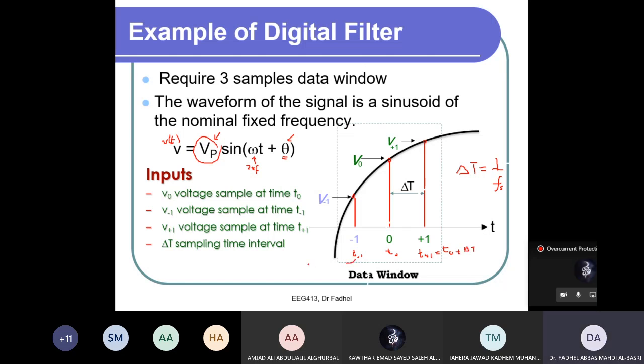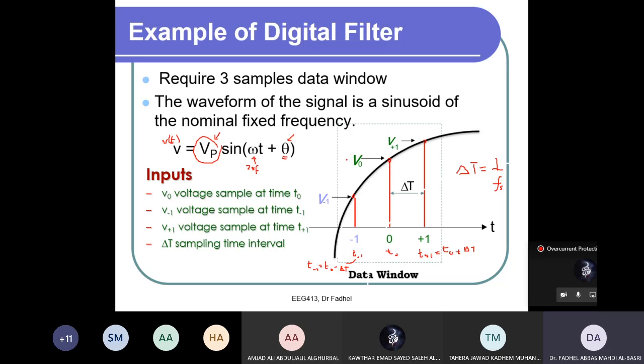And this time represents, let's say, t minus 1. Let's say this time represents t naught minus delta t. So if t naught is 0, this is minus delta t, and this is plus delta t, the plus 1. So plus 1 means one sample ahead, minus 1 is one sample before, okay, the present sample.